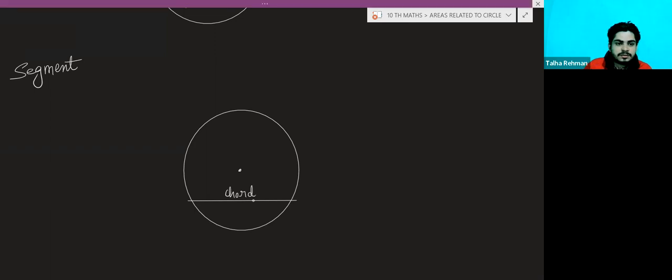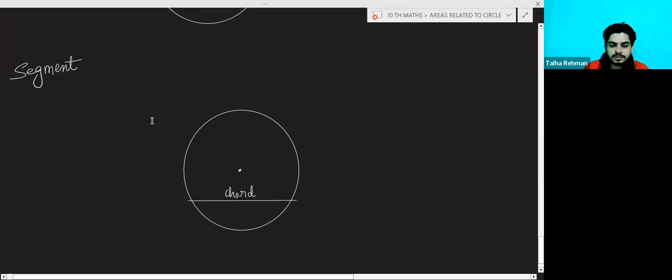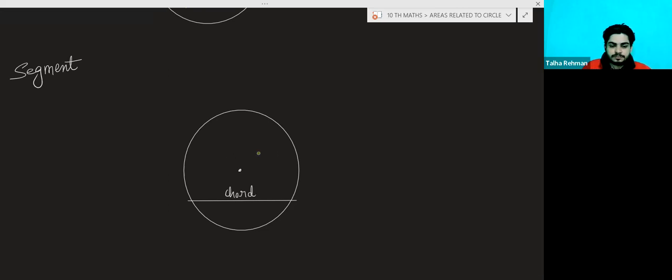So if this line is the chord, this part is a segment of the circle. This is also a segment of the circle. There are two segments. This is the minor segment and this is the major segment.